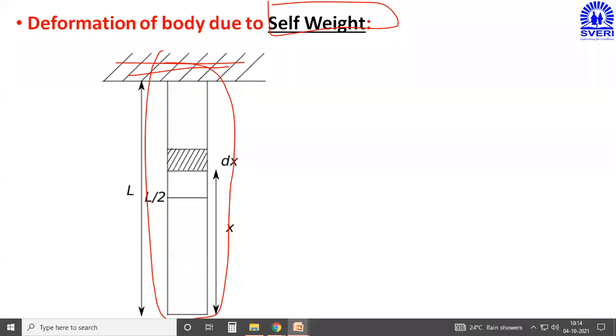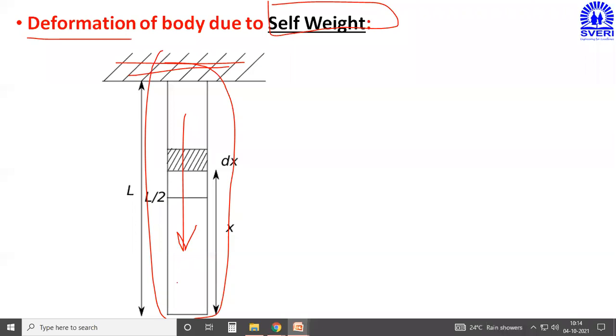If this particular rod is in hanging position, whatever the self weight of this rod is, this self weight is applied in the downward direction, and due to that self weight also, there is a possibility of deformation. What happened?